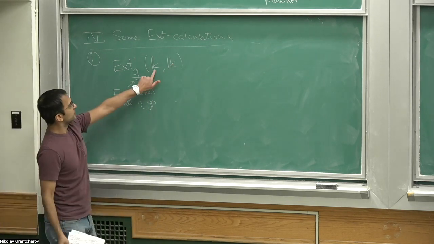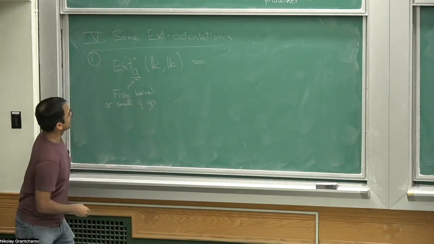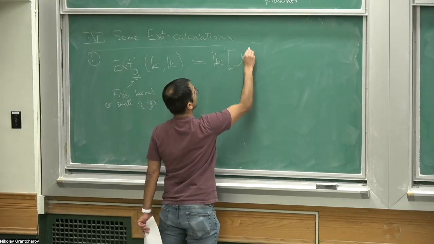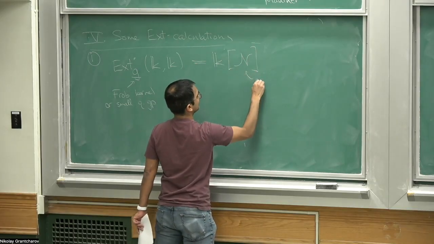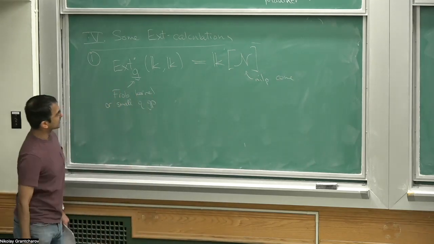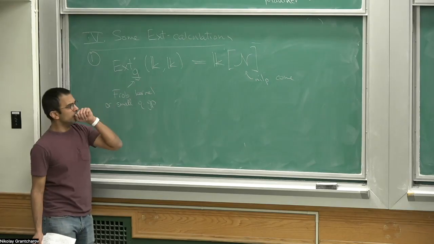So in the quantum group case, K is C. And the theorem says that this is actually the coordinate ring of the nilpotent cone. And not just are these isomorphic, this is a graded ring.